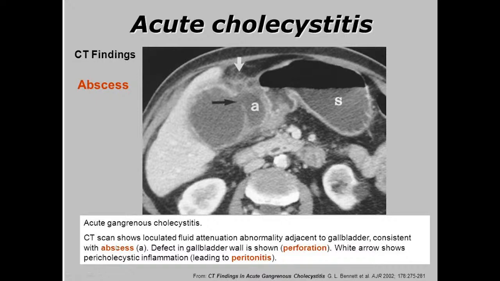consistent with an abscess. In this slide you can see the abscess here, the black arrow. A defect in the gallbladder wall shows perforation, and the white arrow shows pericholecystitis inflammation leading to peritonitis.